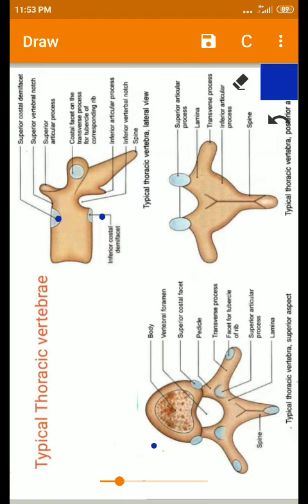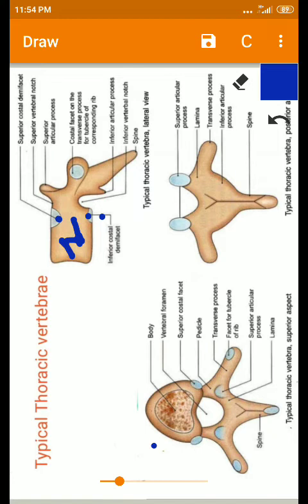When you take the inferior costal facet, it is smaller than the superior costal facet. It lies near the lower border, in front of the inferior vertebral notch, and it articulates with the head of the rib one number lower than the number of the vertebra. I told you this is the second thoracic vertebra, and the superior facet is going to articulate with the head of the second rib, whereas the inferior costal demifacet articulates with the rib one number lower than the vertebra.